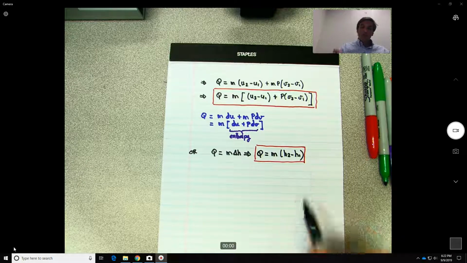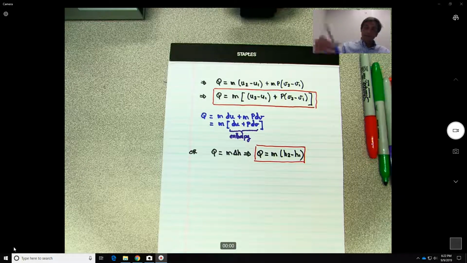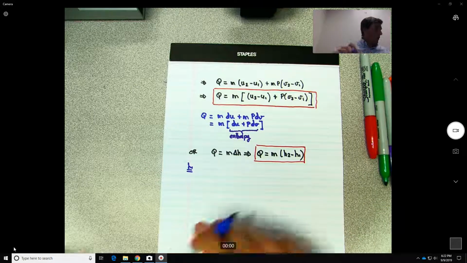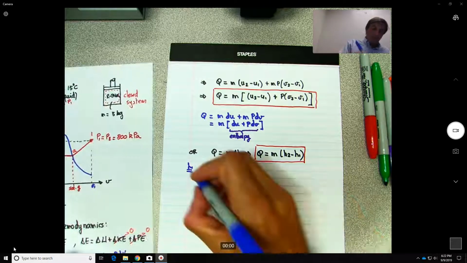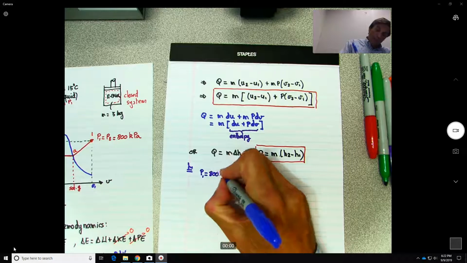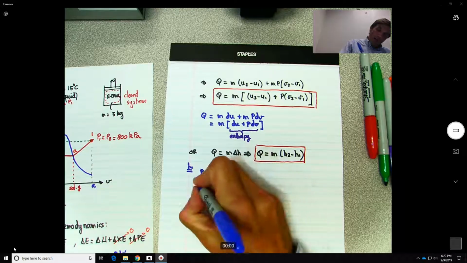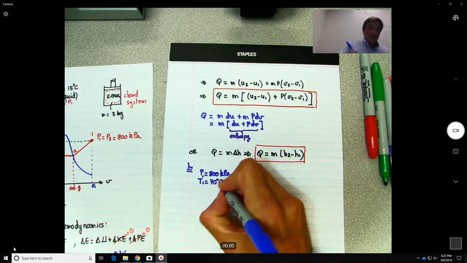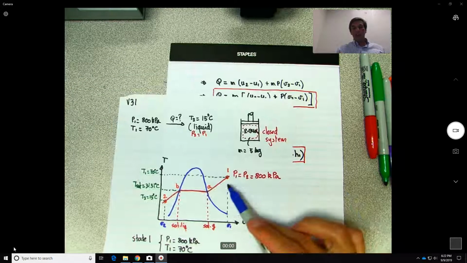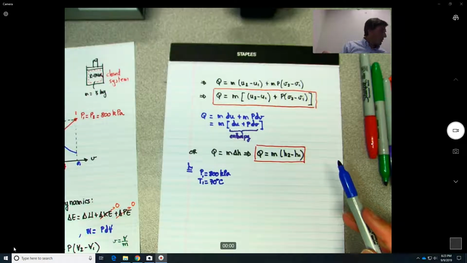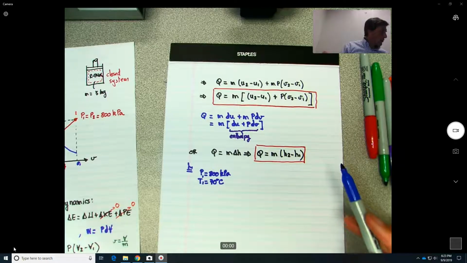All right, so we need to find H1. What do we know about H1? From the previous page, we know P1 equal to 800 kilopascals, T1 equal to 70 degrees Celsius, and we know the state is superheated, so we need to go to the superheated tables. So let me find the superheated tables.